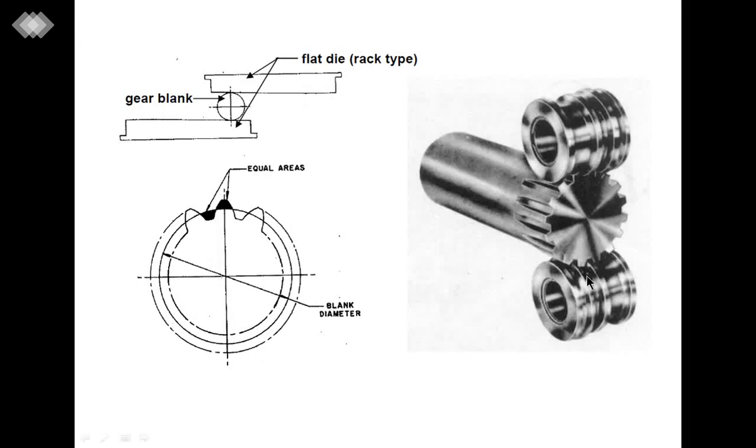The space between the upper and lower roll dies is adjusted depending upon the depth of cut of the teeth or the diameter of the gear blank. So the upper and lower rolling dies impart pressure on this gear blank along with the rolling action, which pressurizes this gear blank to form the gear teeth or the gear teeth space.